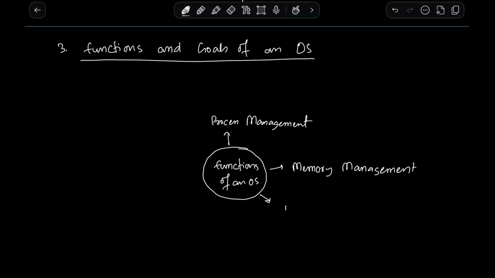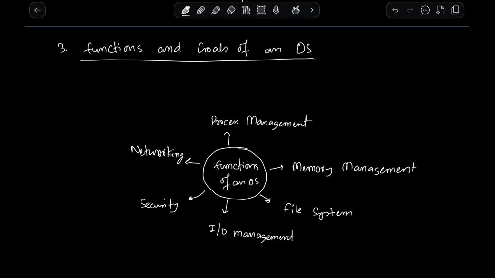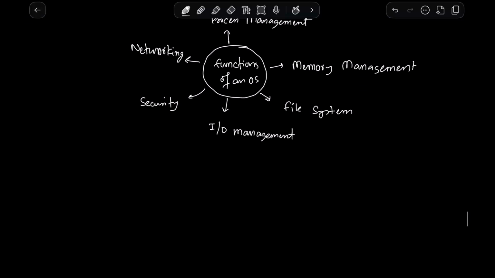I guess file system or IO, whichever, we will write file system. And the fourth one is input output management. Fifth one could be security. And the last one is networking. So these could be six important functions of OS.